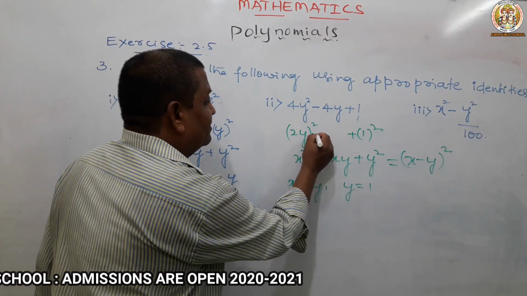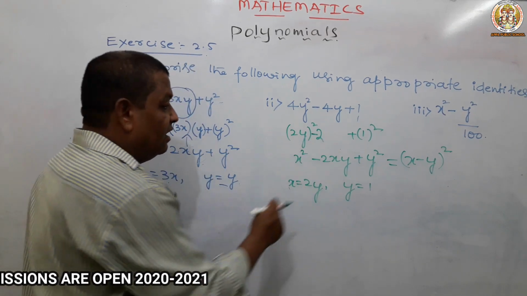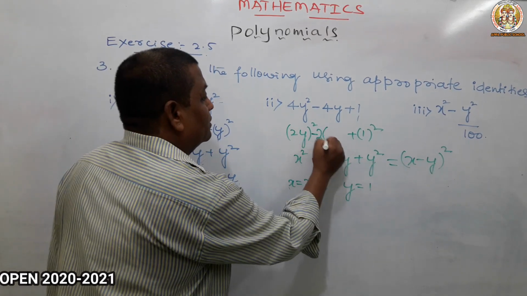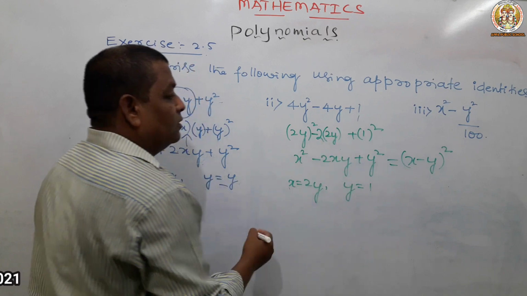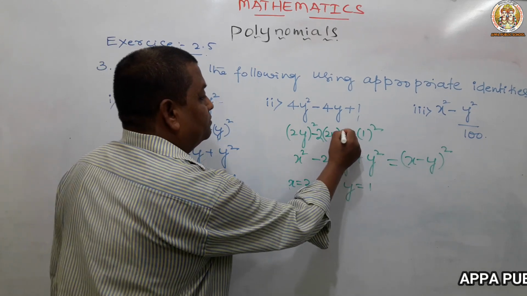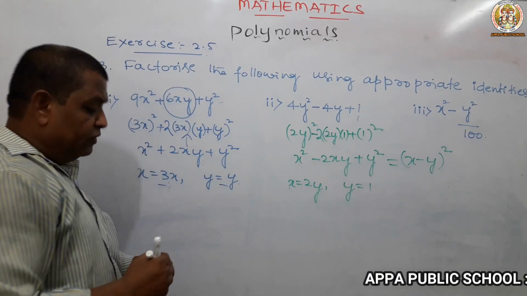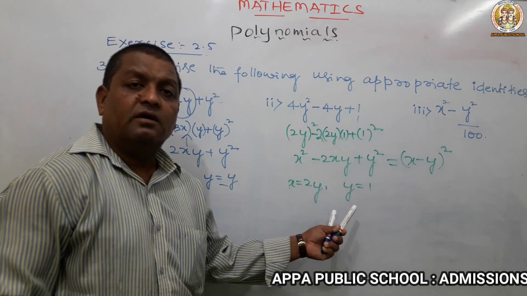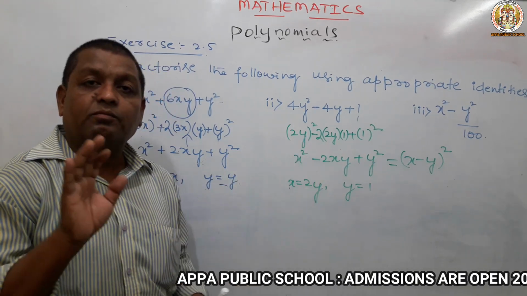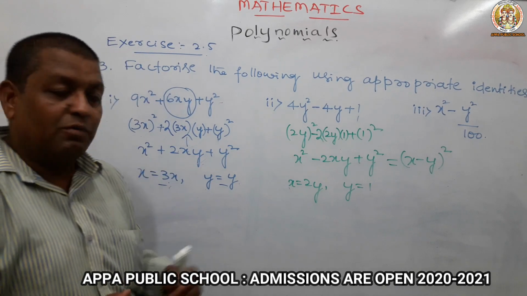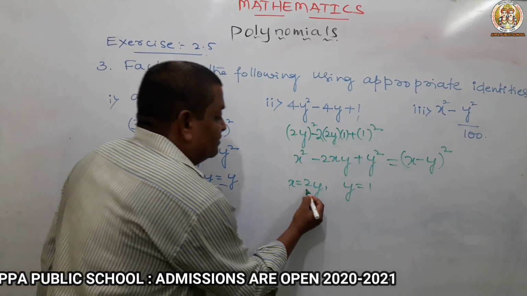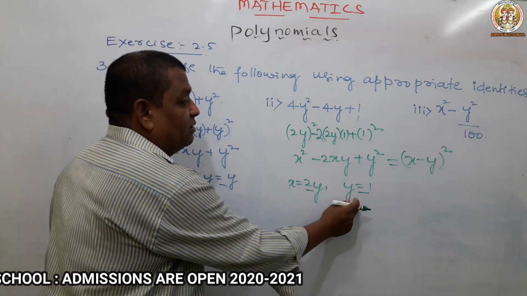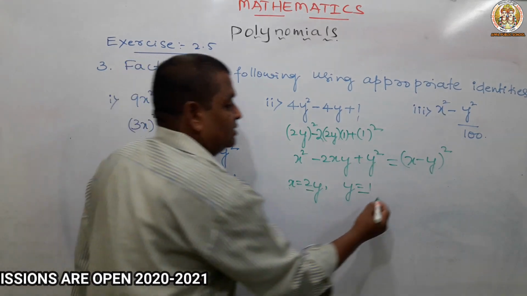How? Minus 2 as it is. x means 2y. y means 1. So if you use this idea, definitely you are solving sums perfectly without any problem. Afterwards, substitute the values of x and y in the formula. Finish.